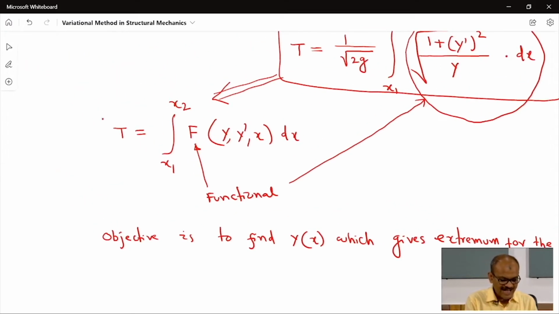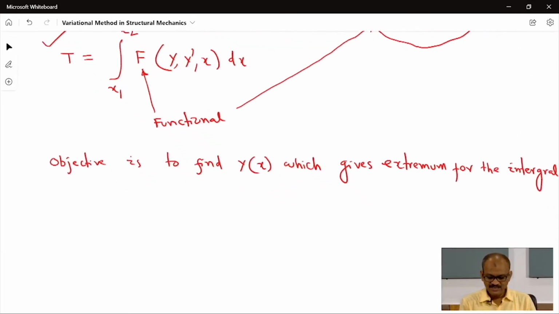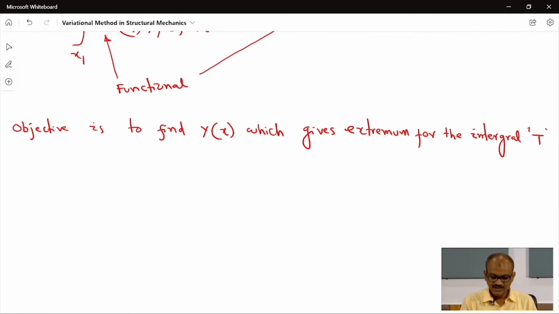Earlier we were using I, now it is designated as t for the integral.